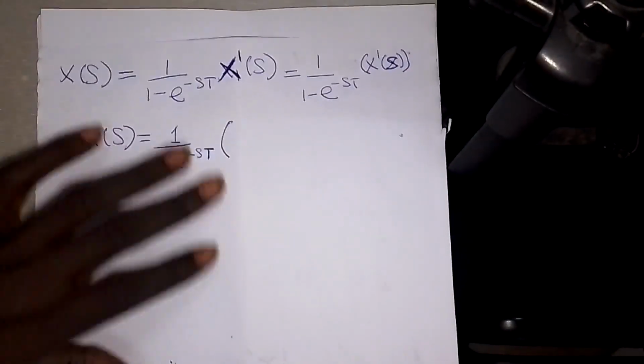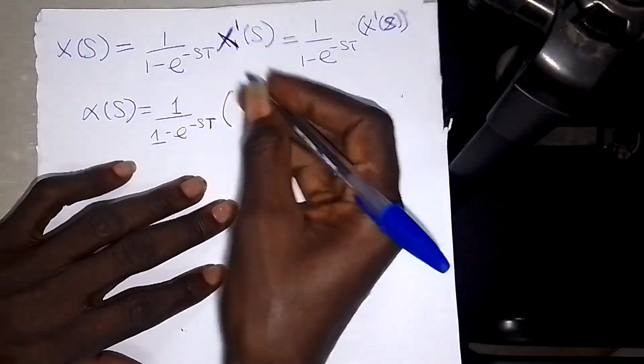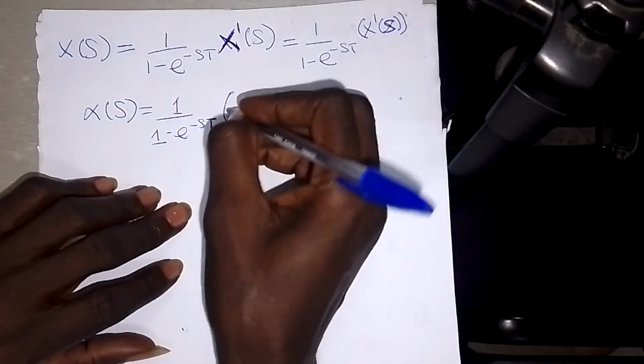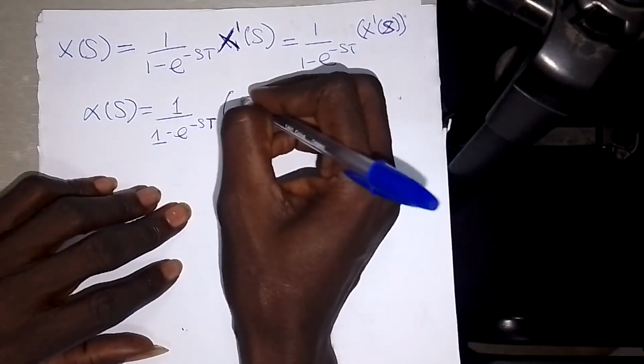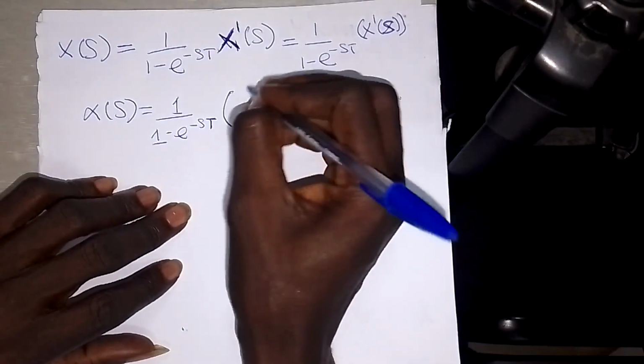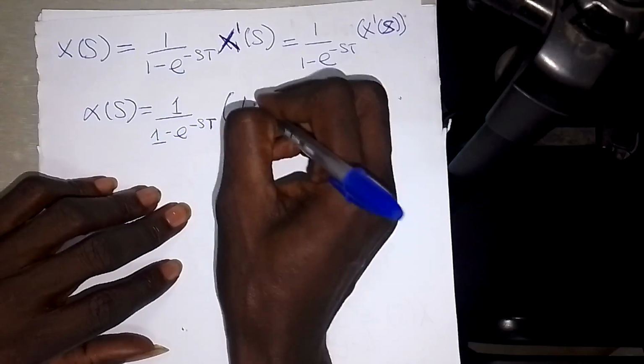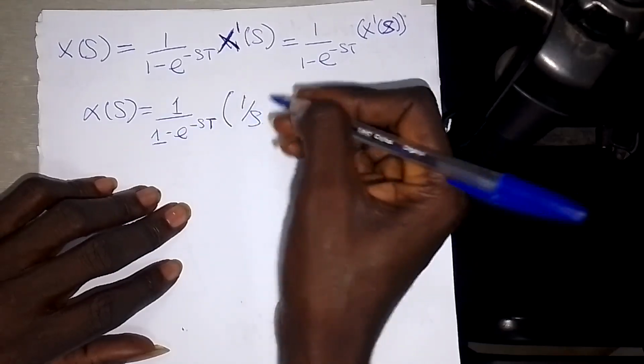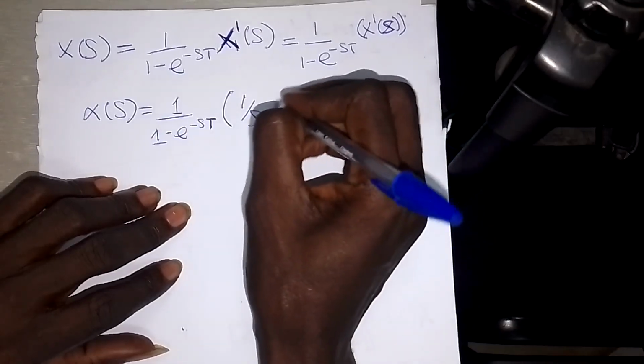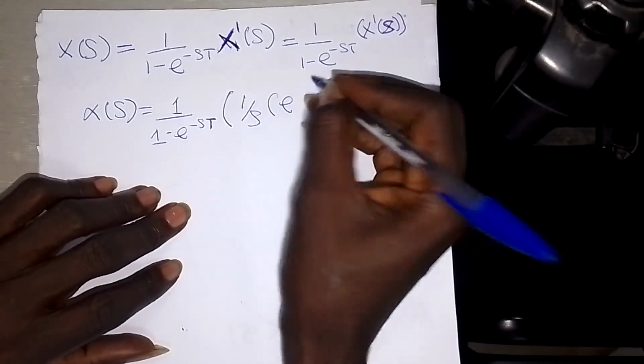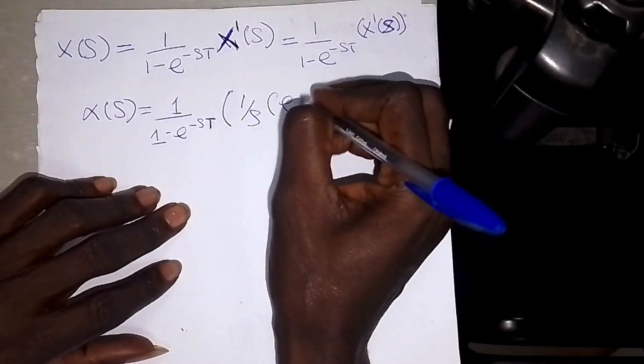So I'm going to have 1 over s, into 1 over s into e, exponent.